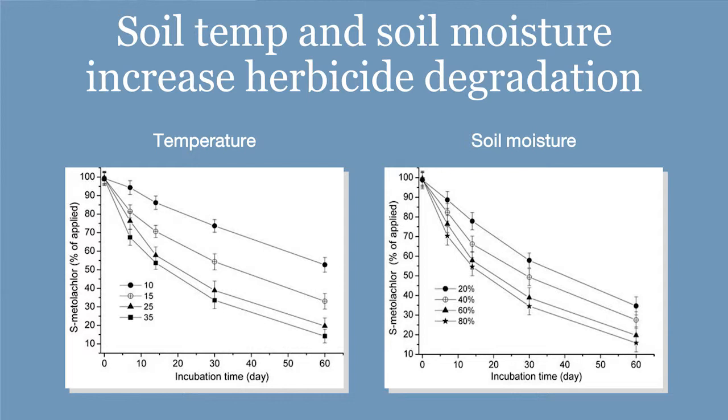Once the soil gets up over 20%, we're going to get degradation, and then it'll increase as our soil gets wetter, but it actually can get too far because if our soils get waterlogged, then our microbes aren't going to be degrading the herbicide at all. So temperature, really important. Soil moisture, really important. Organic matter is very important.